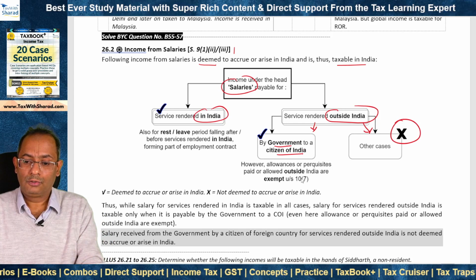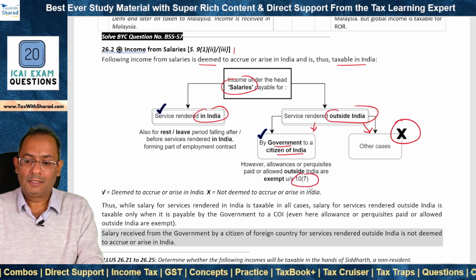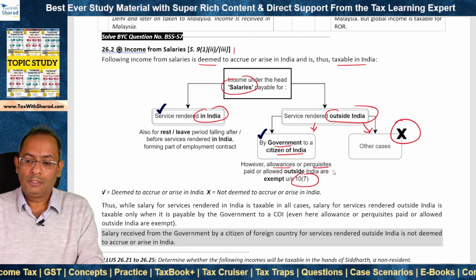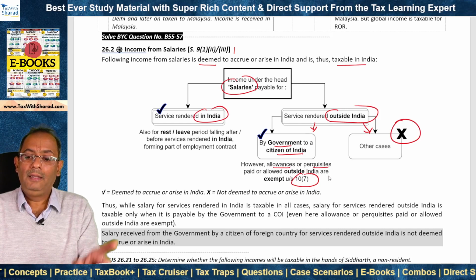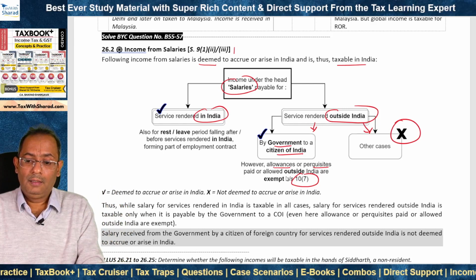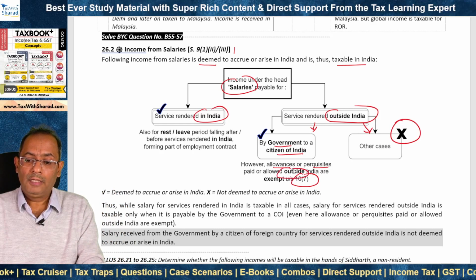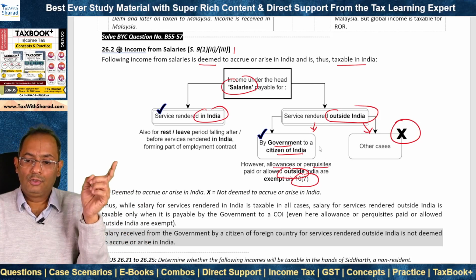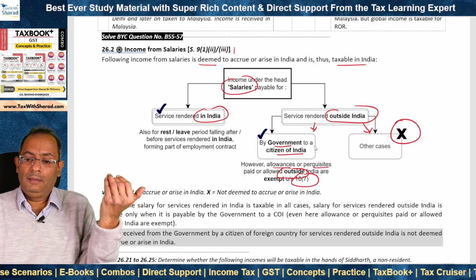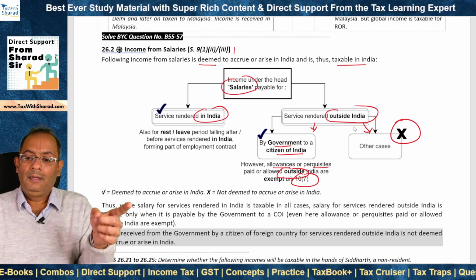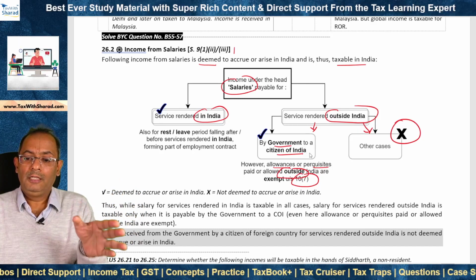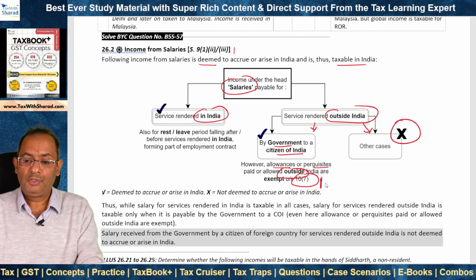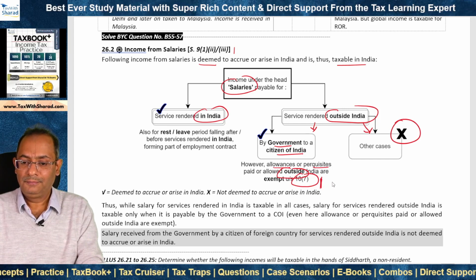However, in this case also, there is an exemption given by section 10(7), as per which any allowance or perquisite, right, any allowance or perquisite which is paid or allowed outside India, not in India, outside India, is exempt, right? So while the salary payable for service rendered outside India by the government to a citizen of India is taxable in India, we also need to keep in mind the exemption given by section 10(7).